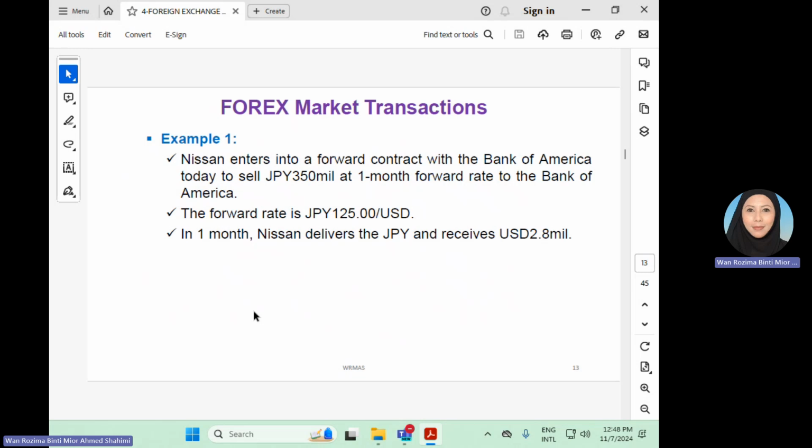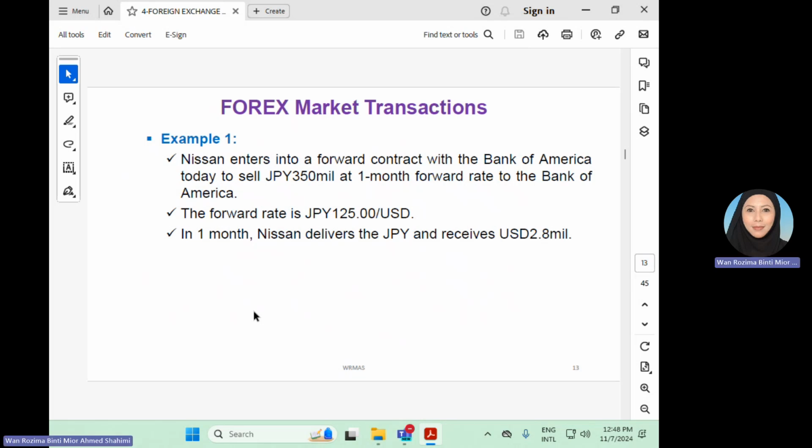So today there is no exchange of value. It is an agreement where you lock the rate between the parties, in this case Nissan and Bank of America. Just lock, no exchange of value. A month after that, as you can see, Nissan delivers the Japanese yen and receives 2.8 million dollars. How do we get this? 350 million divided by 125.